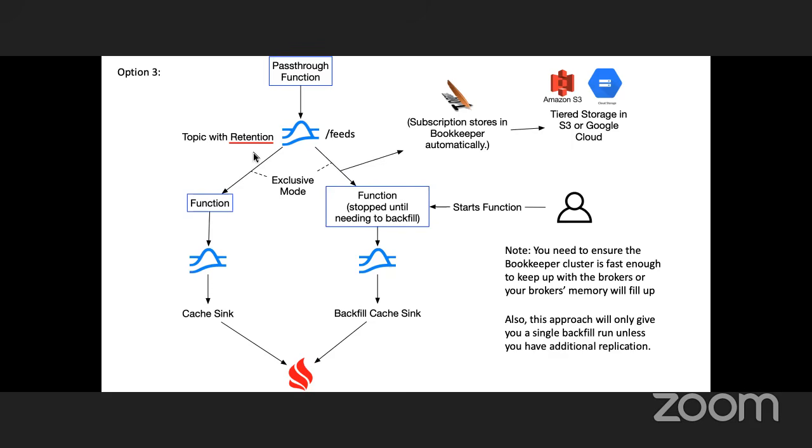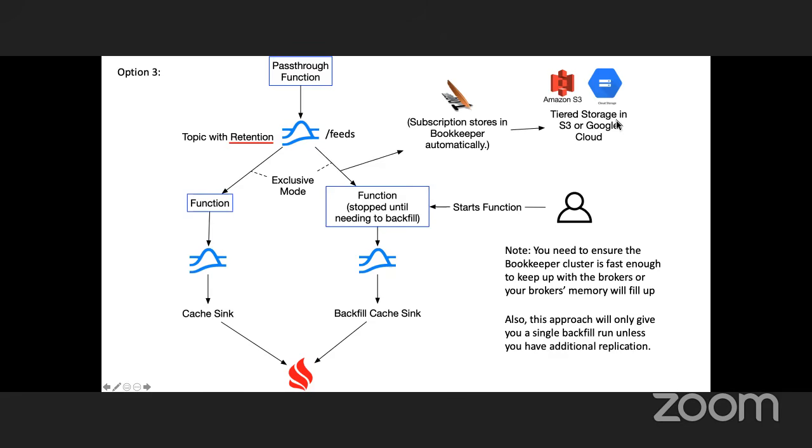The memory is going to fill up because bookkeeper can't offload that data fast enough. So be mindful of that. Bookkeeper needs fast storage, and talking about how to optimize bookkeeper is out of the scope of this presentation. But if you use Pulsar retention, then you can tier your storage.